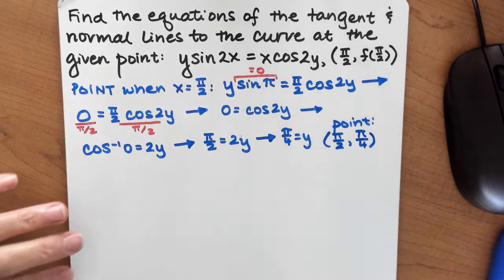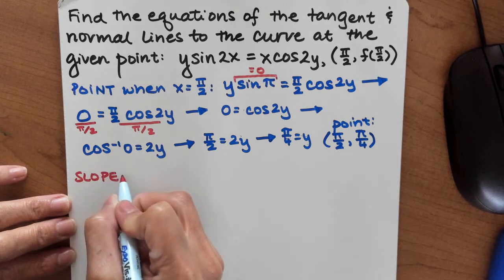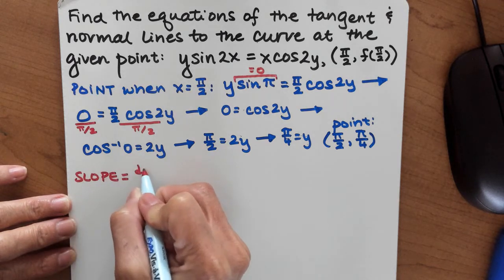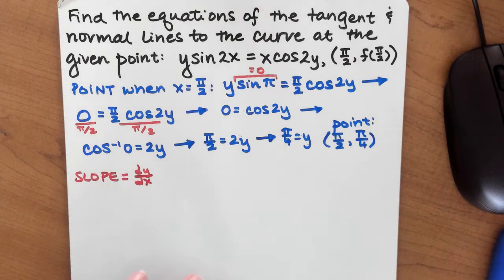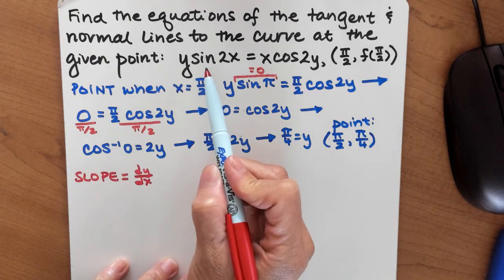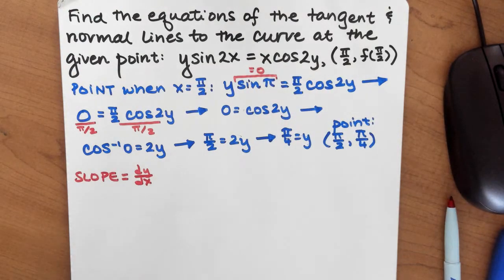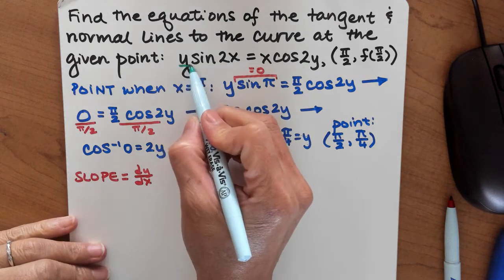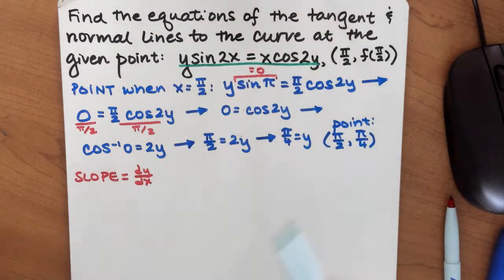Now I need the slope. And the slope is the derivative. And I can see that I'm going to have to use implicit differentiation because in my equation that I'm given, there's no way to explicitly write this equation. There's no way to solve for y.